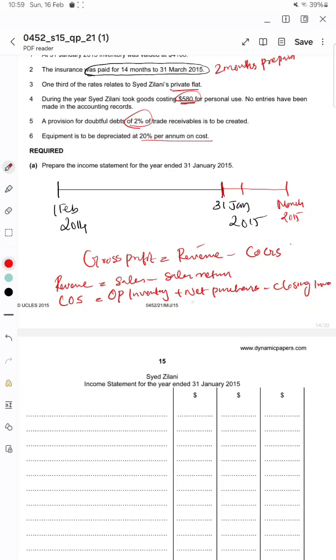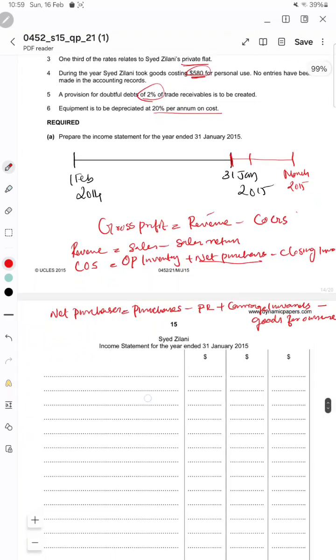Net purchases means purchases minus purchase return plus carriage inwards minus goods for own use. These are the equations we need to use for finding gross profit.